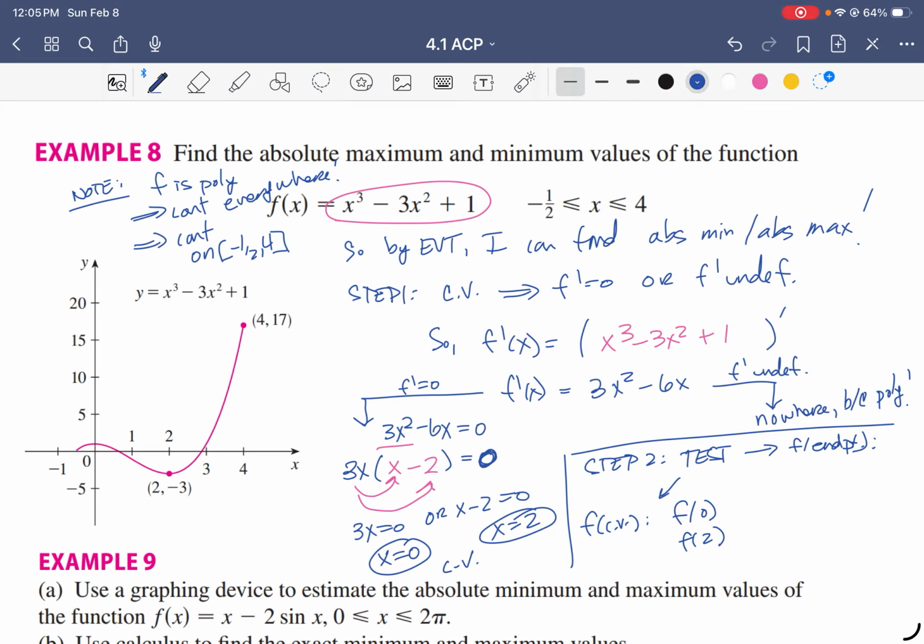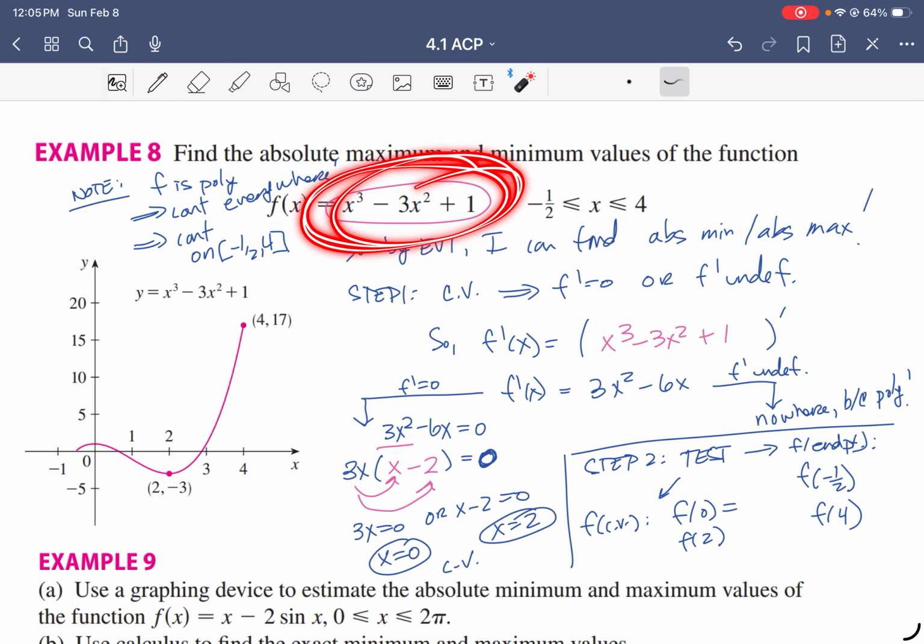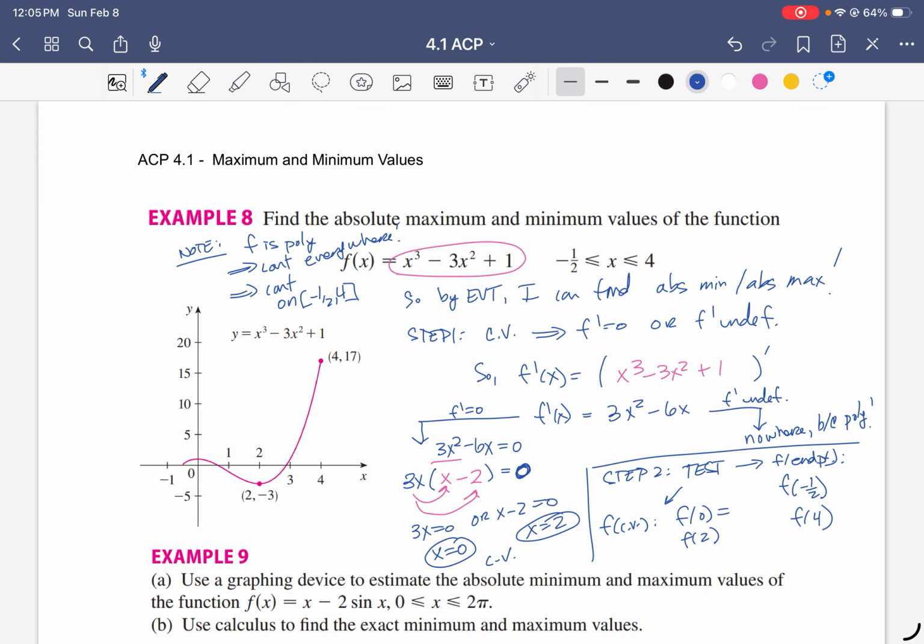And for my endpoints, that's going to be f of -1/2 and f of 4. So if you put 0 into my original function, go back to my original.